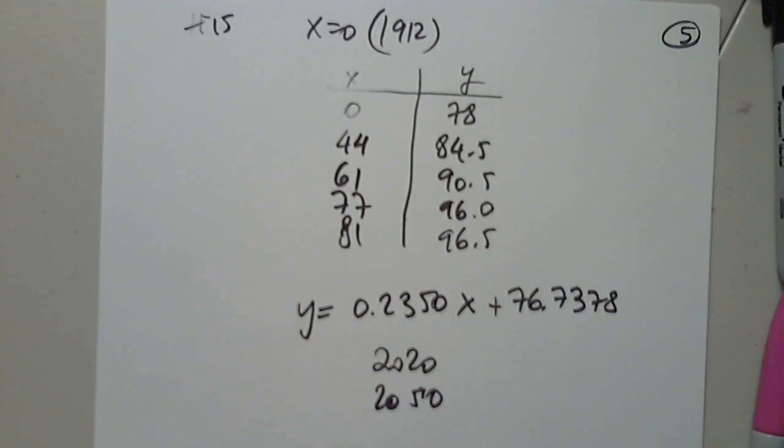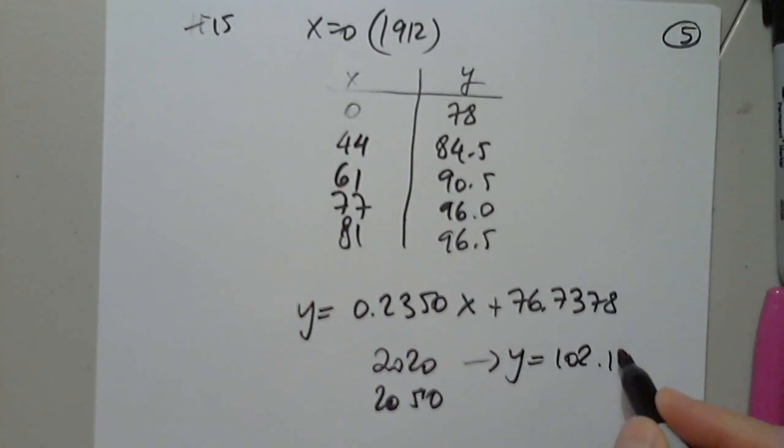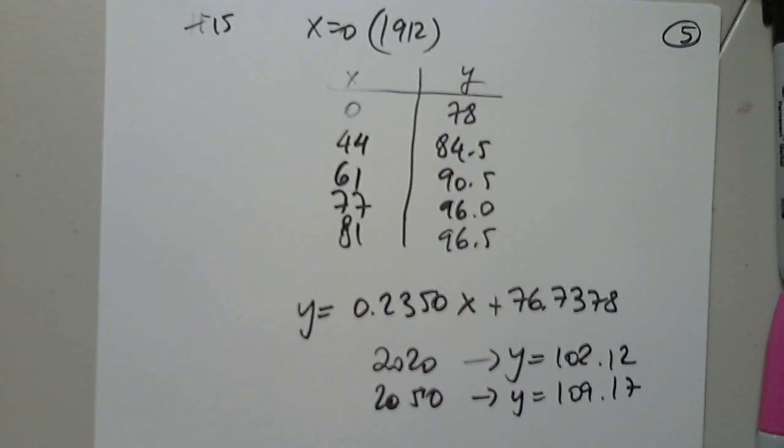And the other one is 2050 minus 1912. Okay? So, assuming the trend continues, we do not know. So y equals 102.12, and then y equals 109.17. And the measurement unit was, of course, inches.